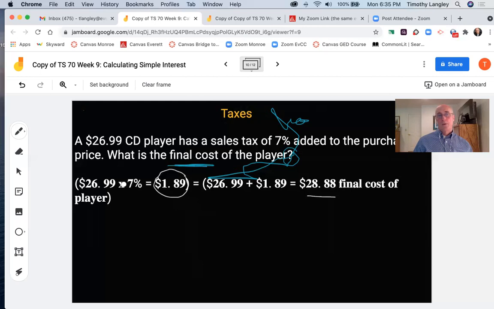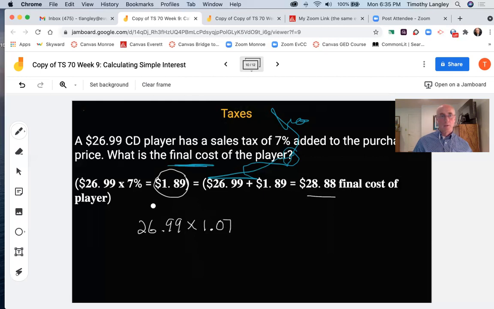What is 7%? If I had $26.99 times 100%, that's just like times 1, right? Same amount. But I got 7% more. I could do it like this in one step: 1.07.